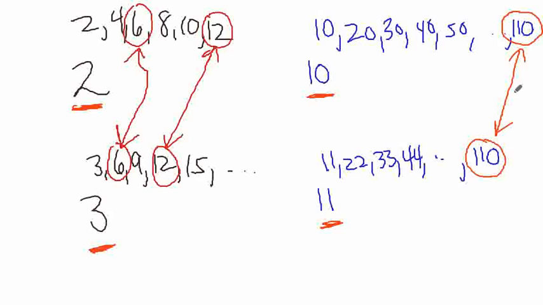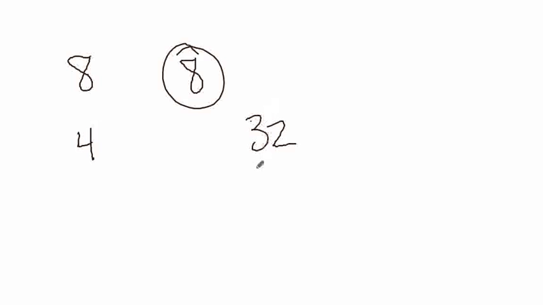Now, that doesn't always work. If you multiply them together, that'll give you a common multiple, but it's not necessarily going to give you the least common multiple. Let me show you an example of that. So, for example, 8 and 4. The least common multiple of both of those numbers is 8. However, if you multiplied them together, you would get a much bigger common multiple.